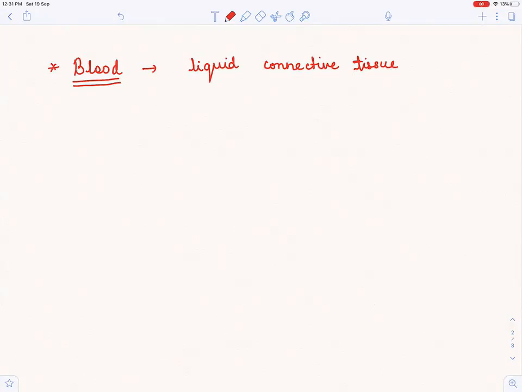So blood is made up of what things? Blood is made up of formed elements or cell fragments, we can say, right?